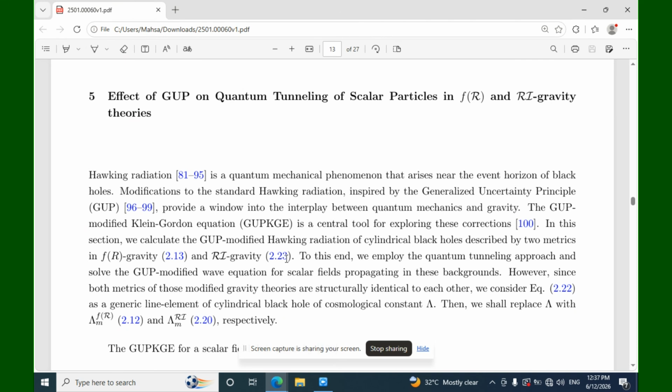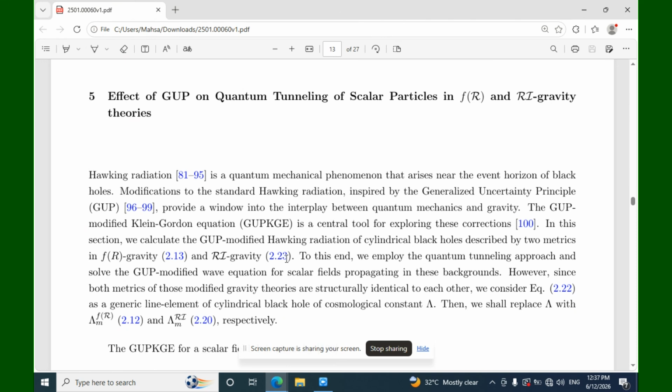In this section, we calculate the generalized uncertainty principle modified Hawking radiation of the cylindrical black hole described by two metrics in FR gravity and Ricci inverse gravity. To this end, we employ the quantum tunneling approach and solve the generalized uncertainty principle modified wave equation for a scalar field propagating in these backgrounds.